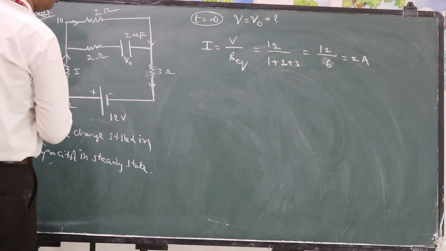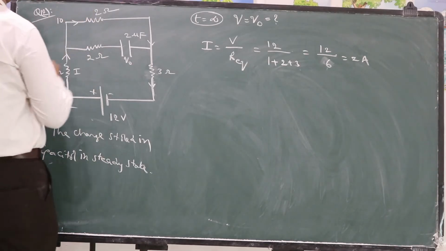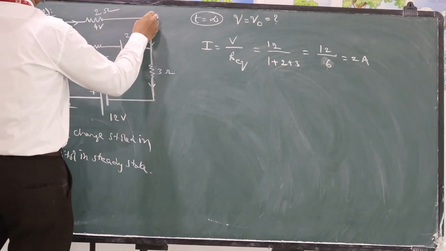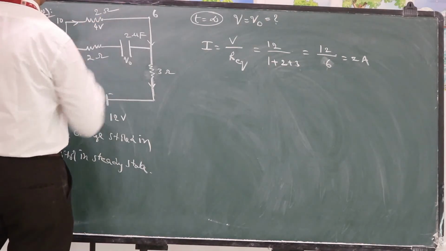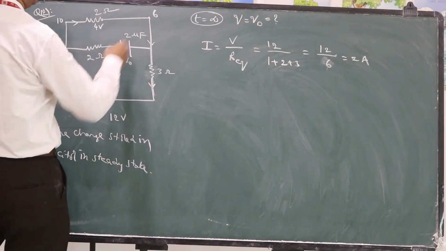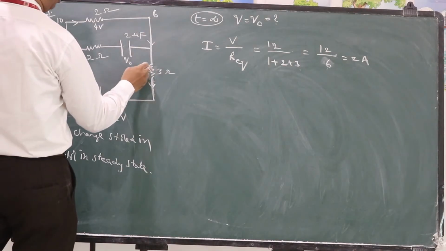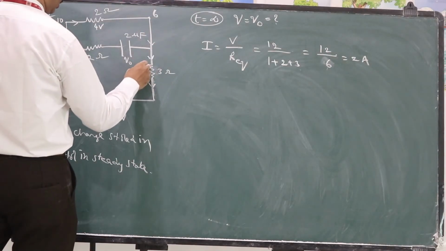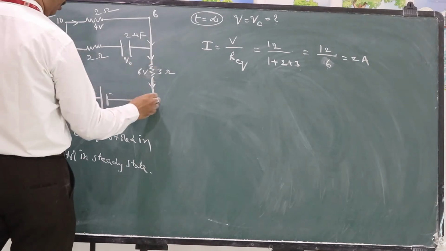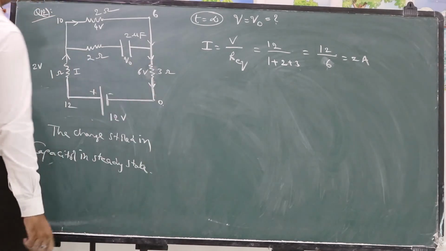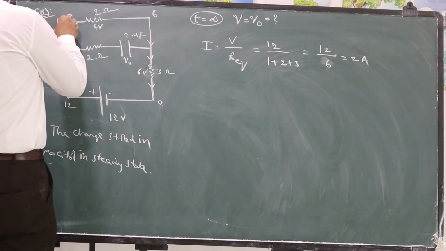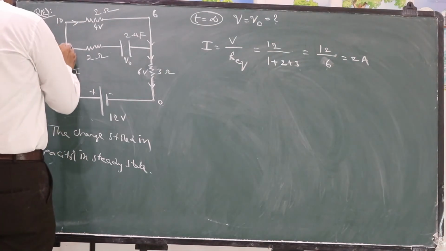Again, 2 2s are 4. So 4 volts will be dropped over here, and 6 volts will be here. And here 2 ampere current is going, which means the 6 volts will be dropped here. So you will have 0 volts. This is the division of voltage. That means as these 2 points are connected, this is also at 10 volts.